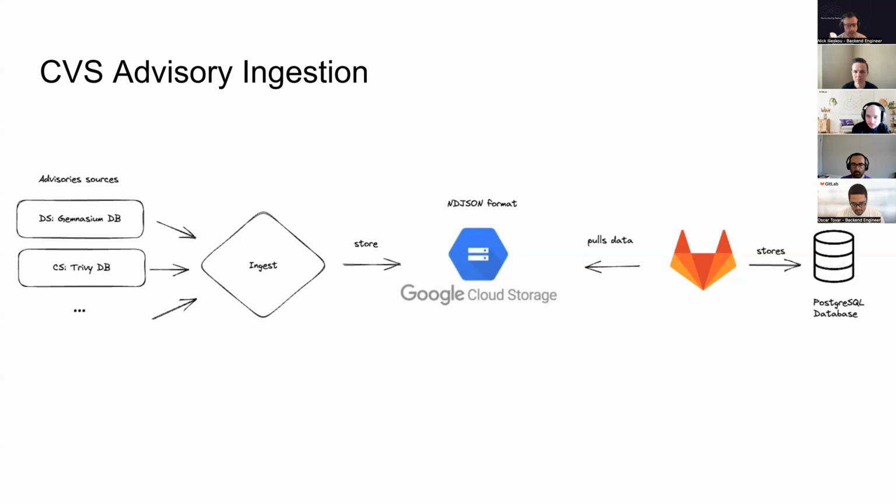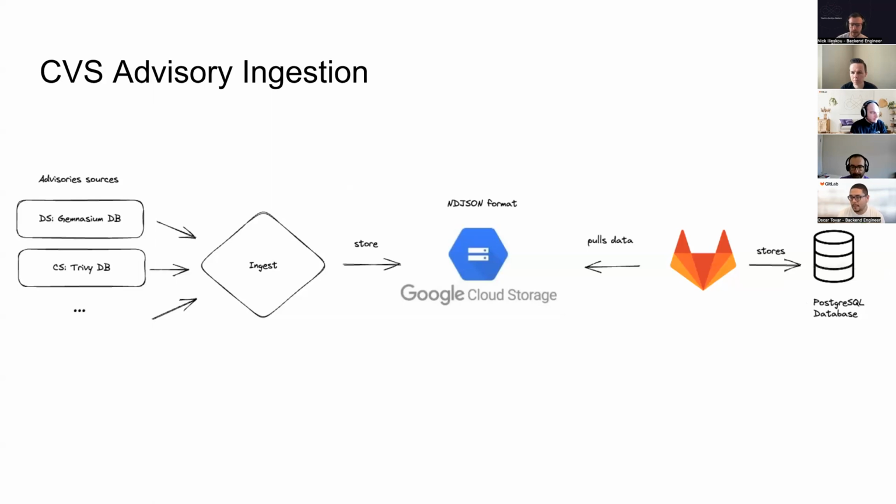For instance, for dependency scanning, we have GemnasiumDB. For continuous scanning, we have TrivyDB. We want to ingest and process those advisories, and in the end, store them somewhere externally, like a bucket, where the GitLab instance will pull that data and store it in the GitLab database, so that it can do continuous vulnerability scanning.